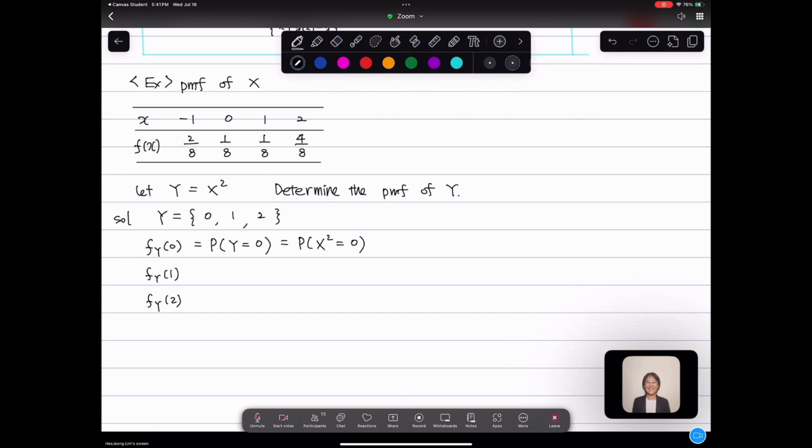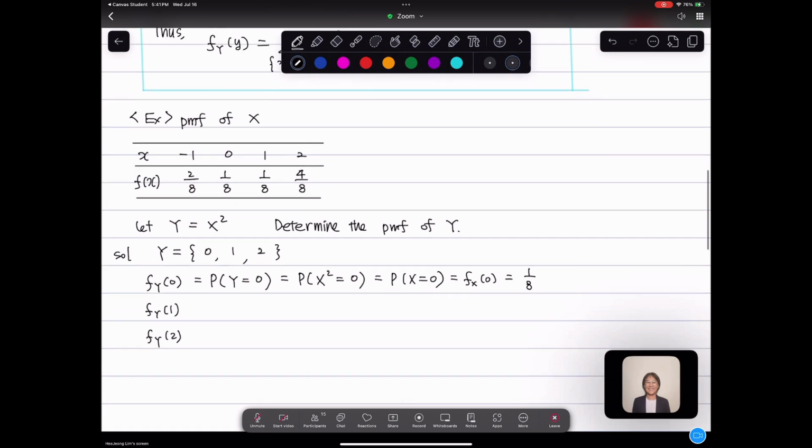There's only one of it because I have -1, 0, 1, and 2 for x values. So it can only be x equals 0, which is f of x of 0. So I'm getting 1/8. That's my probability for y value of 0.